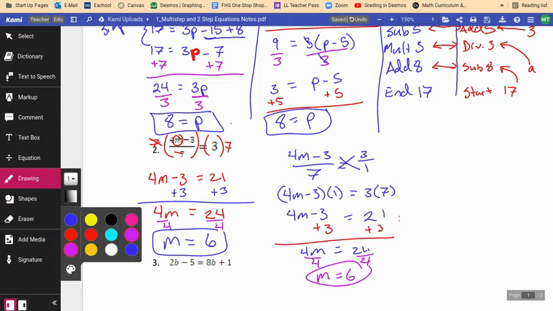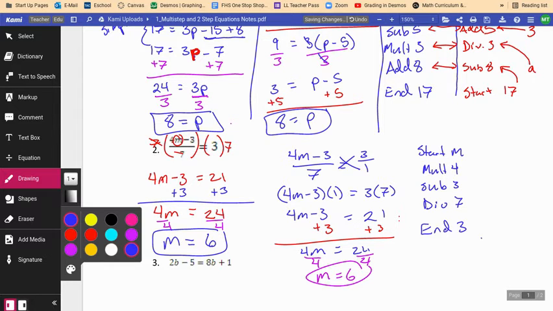If I want to use the words again, then we always start with our unknown, so m. Then we know that we're going to multiply 4 first to the m. We're going to subtract 3. We're going to divide by 7. And we end up with an answer of 3.